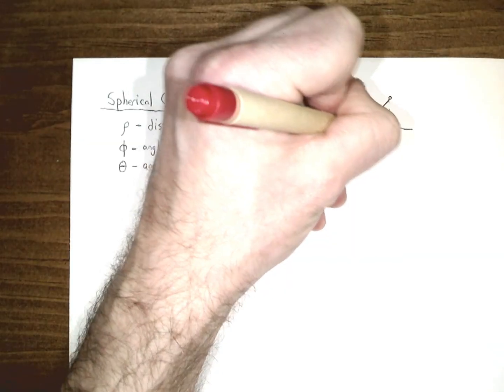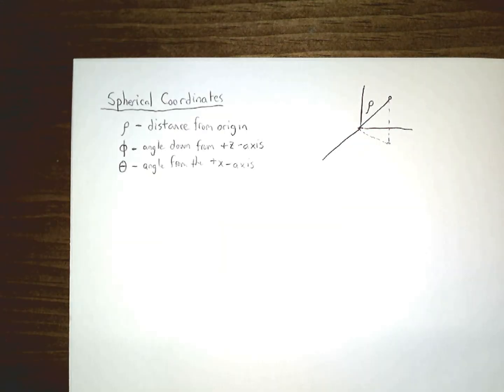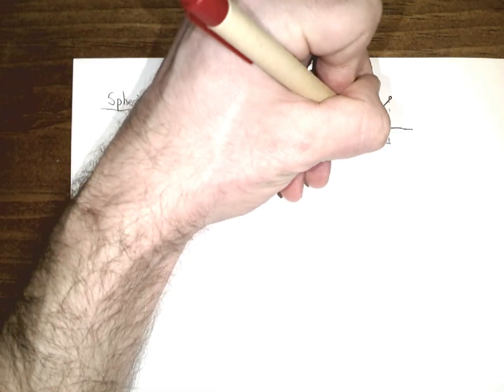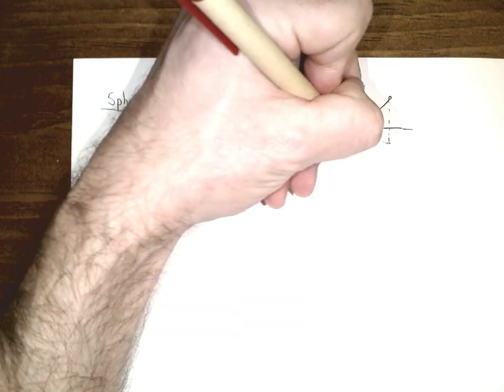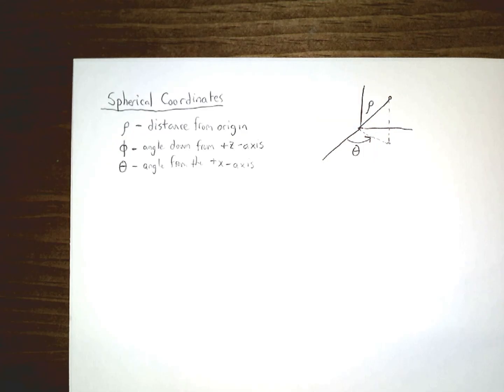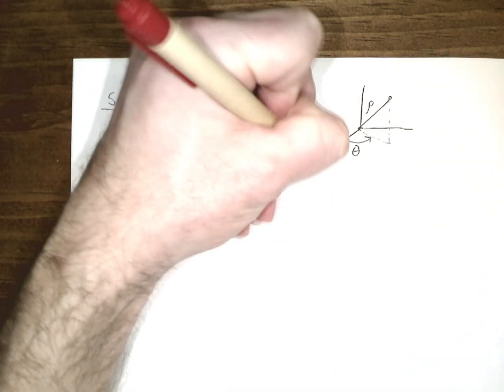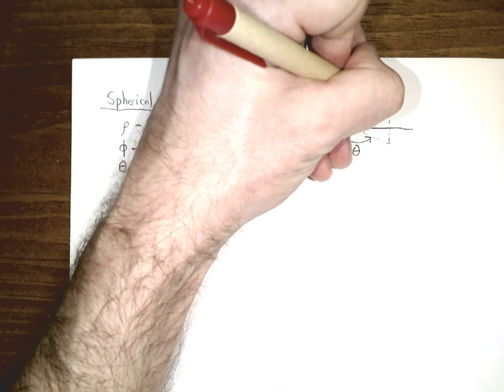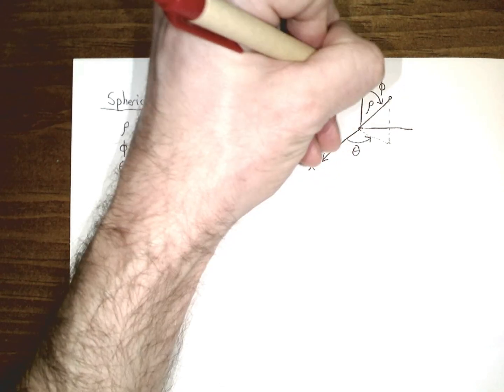That would be r in the plane in cylindrical coordinates, but instead we use that reference line to measure theta, how far the point sweeps from the positive x-axis. And then we also measure this angle downward from the positive z-axis, which is what we call phi.